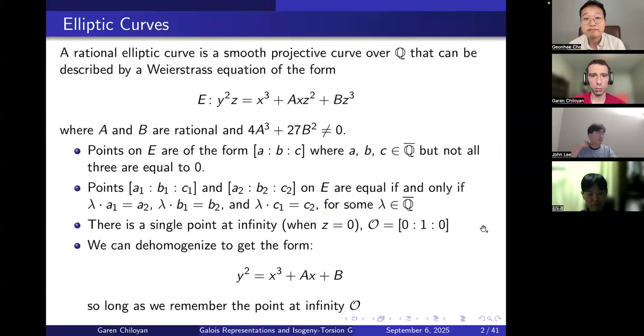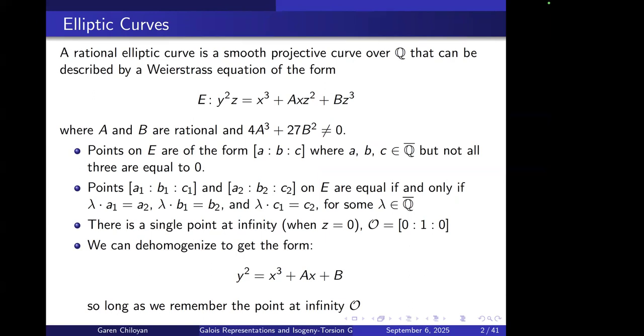Okay, so what did I say we were going to talk about? We were going to talk about elliptic curves. In particular, we're going to talk about rational elliptic curves. So a rational elliptic curve is a smooth projective curve over Q. This boldface Q is supposed to remind you of quotients, in other words, the rational numbers.